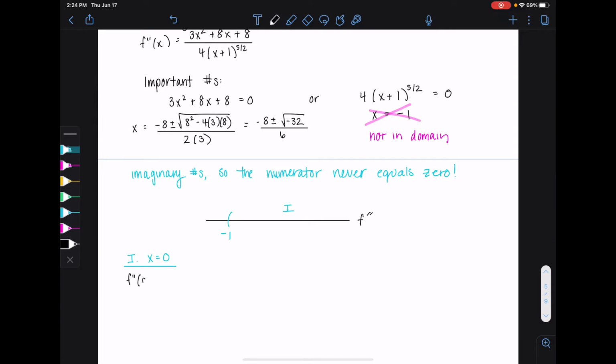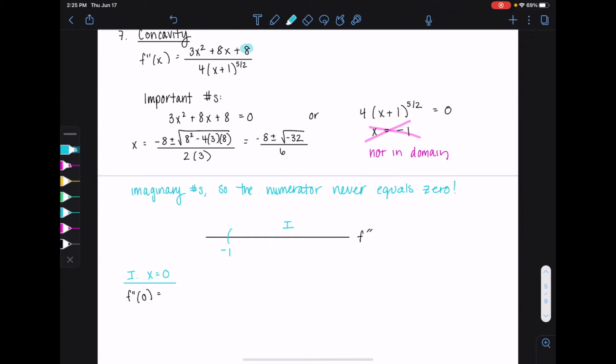So if we plug this into our derivative, way back up here, you're just going to get 8 in the numerator. In the denominator, you're going to get 4 times 1 to the 5/2. So this is definitely positive, which means our second derivative is always positive.